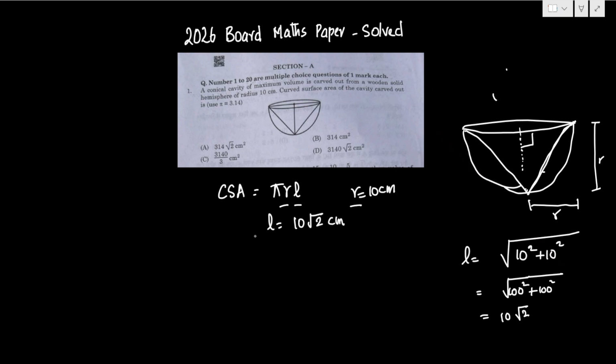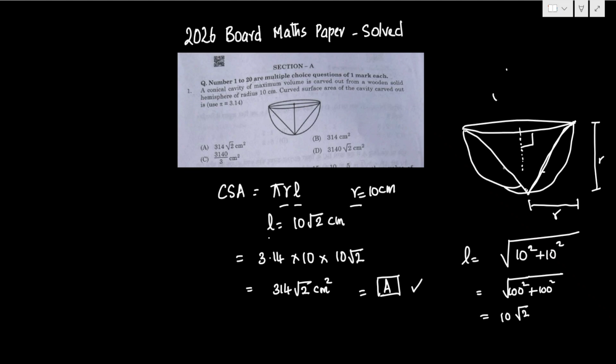We know R, we know L. So the curved surface area is pi RL. Pi is 3.14 into R is 10 and L is 10 root 2. Multiply that, you get 314 root 2. And obviously centimeters square. And if you look at the options above, you find that the answer is A.